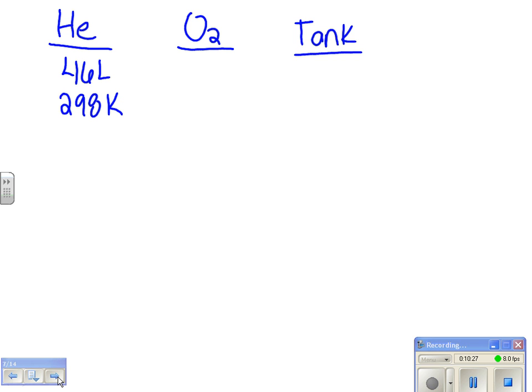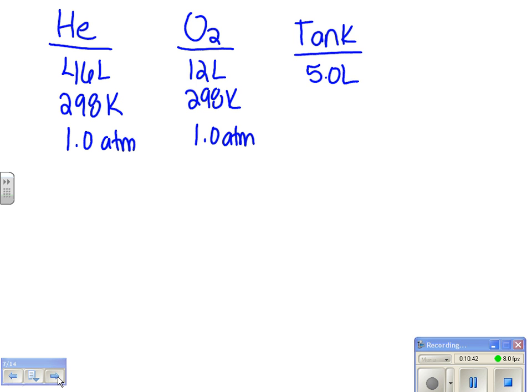I didn't show my work. Volume, temperature, and pressure for both gases. And what do we know about the tank? We know that it is 5 liters, same temperature.